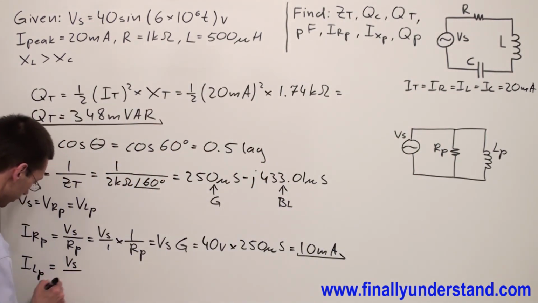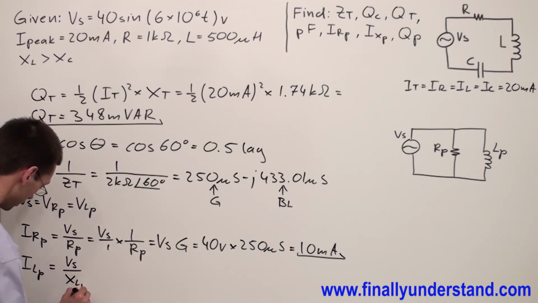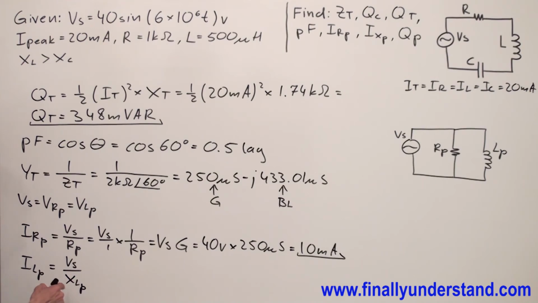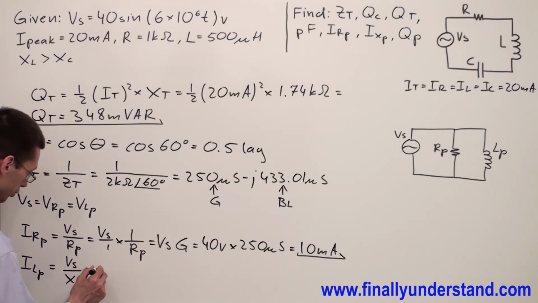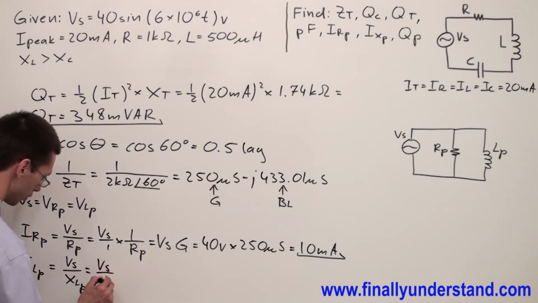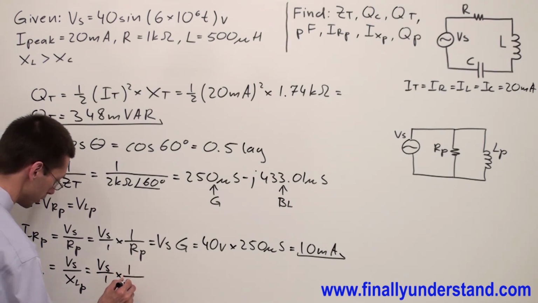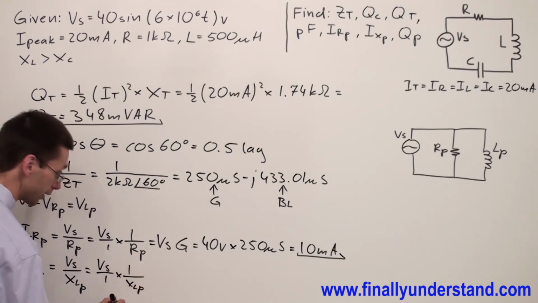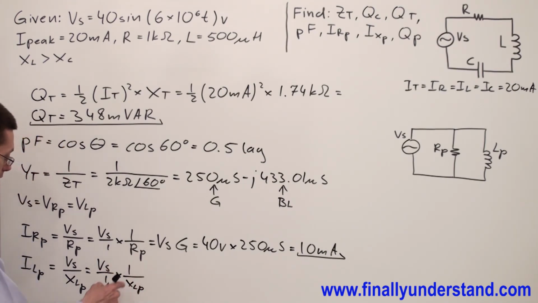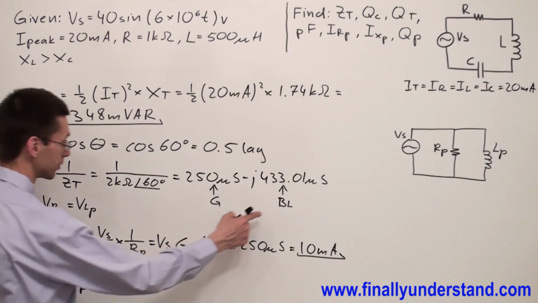So divide by XLP. But someone is going to say, we don't have XLP. So what we are going to do is simply write the voltage source over 1 times 1 over XLP. This is nothing else but the inductive susceptance.